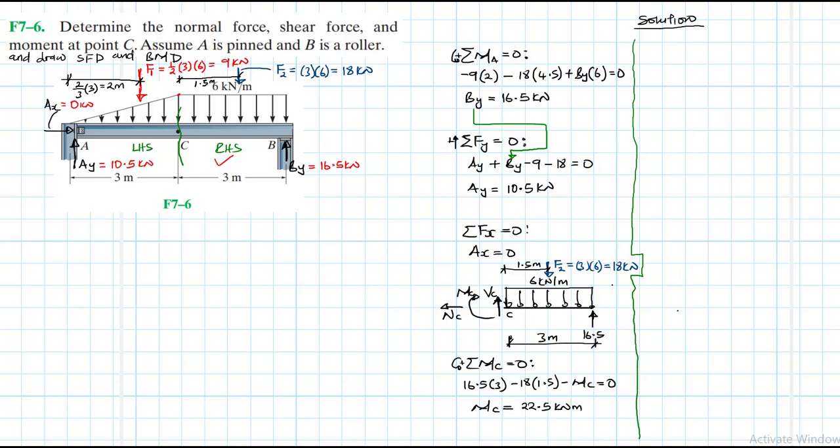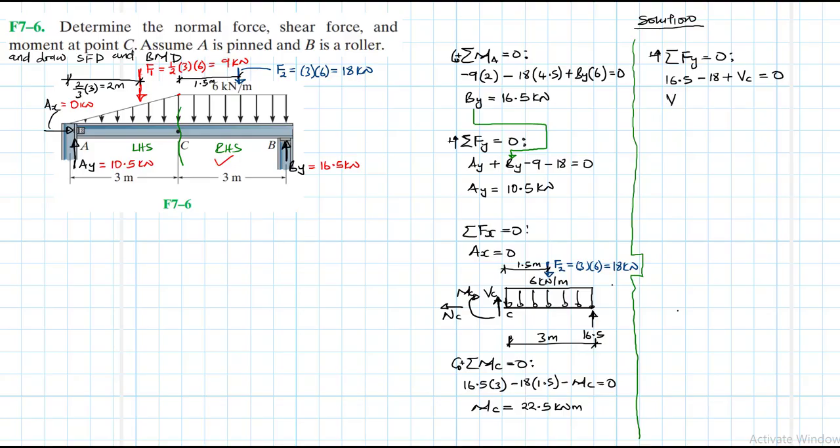Let's move on to find the shear force. So we have summation of forces in the Y direction, going up in our reference, equal to 0. What do we have? We have 16.5 minus 18, then plus VC equal to 0.